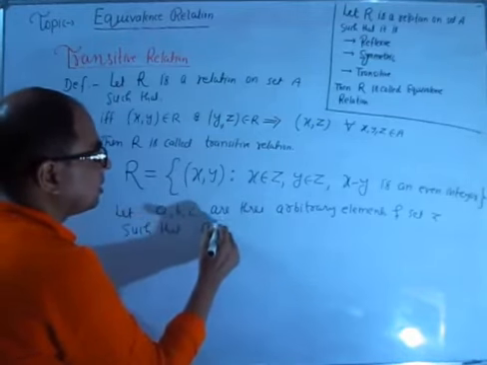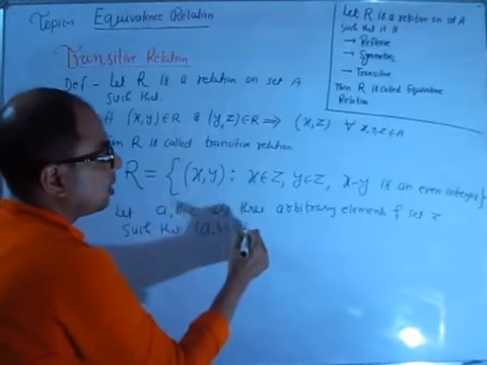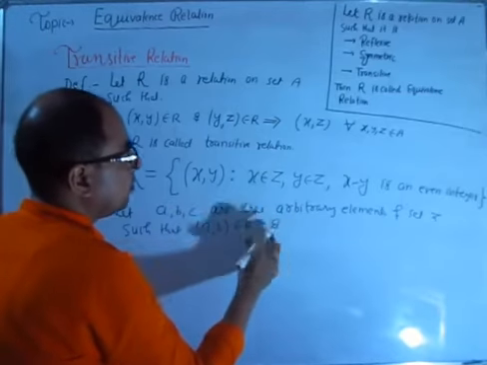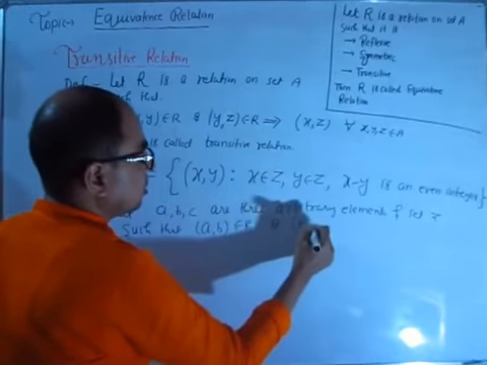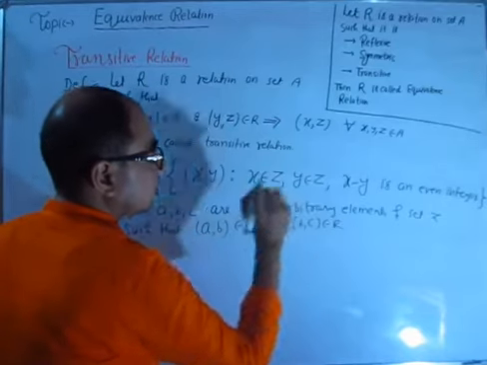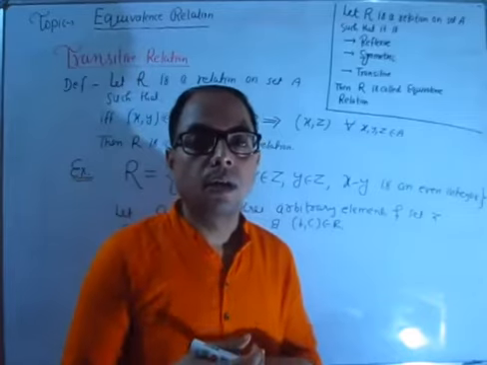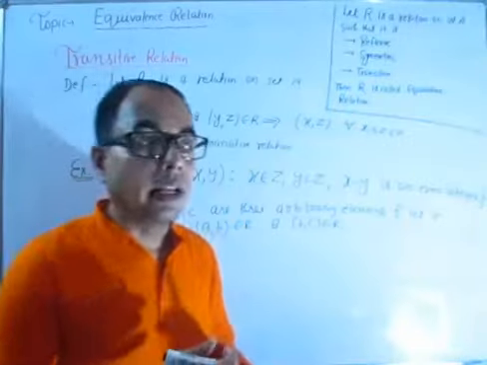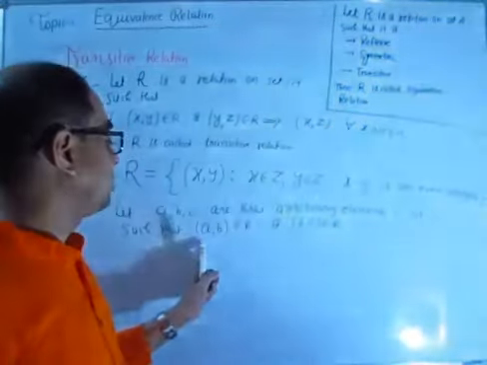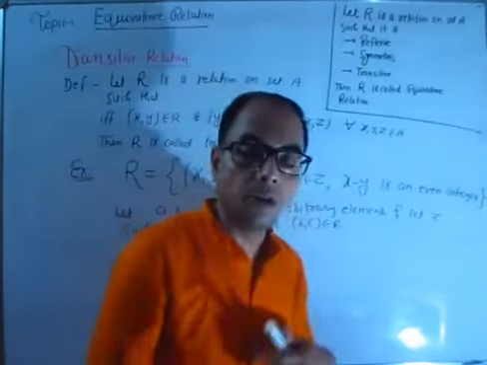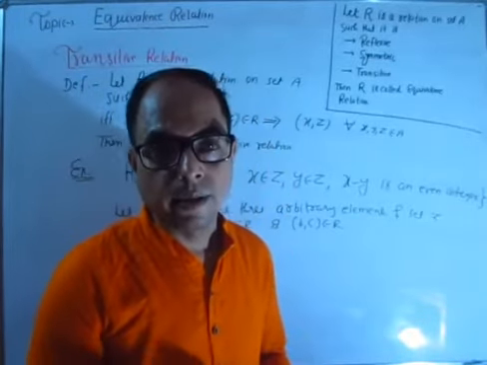A is related with B and B is related with C, because you can check transitivity only when there exists a situation of A related to B and B related to C. Then only you can talk about the transitivity. Clear?